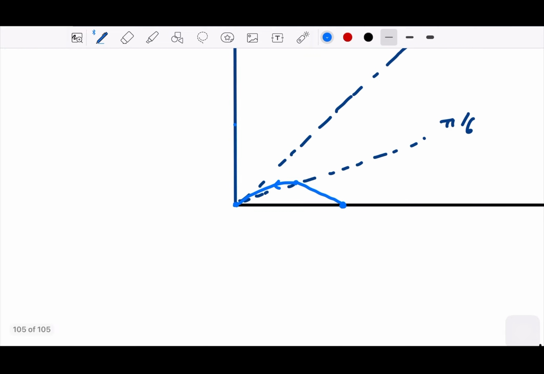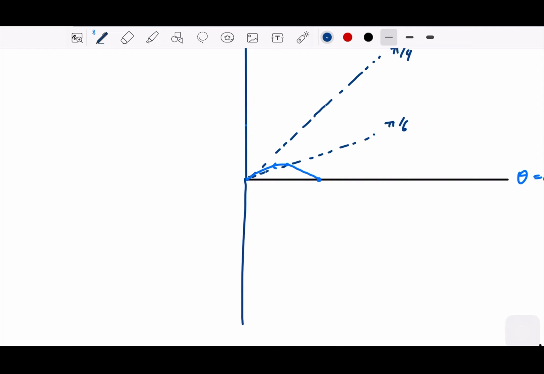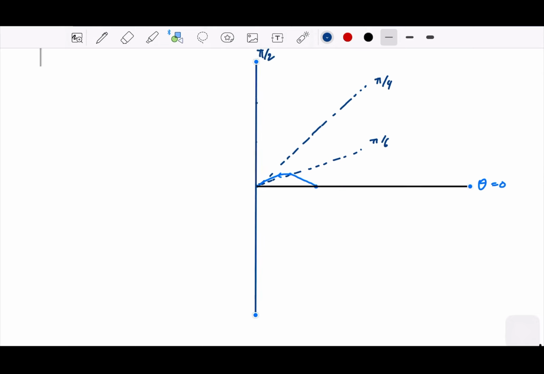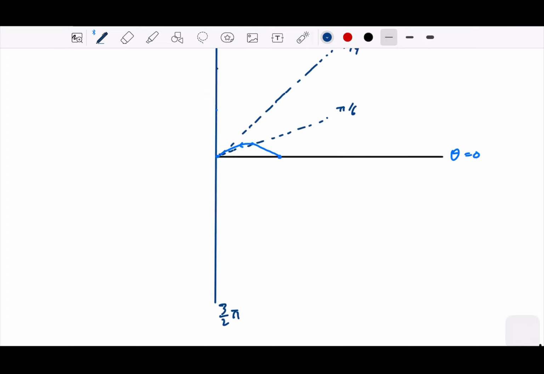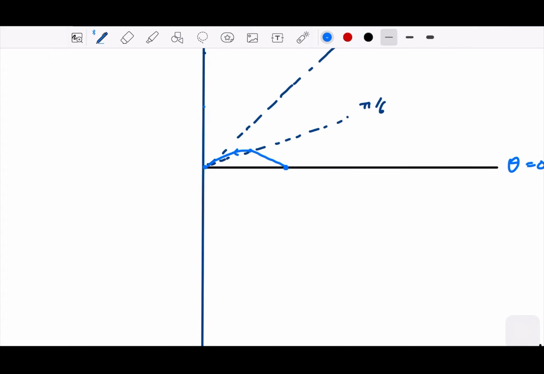Which means we are going to go to this line here, okay? Let me pull out the line, and this is 3 over 2 pi. So the pi over 2 will be here. So this will be negative 1 at pi over 2.